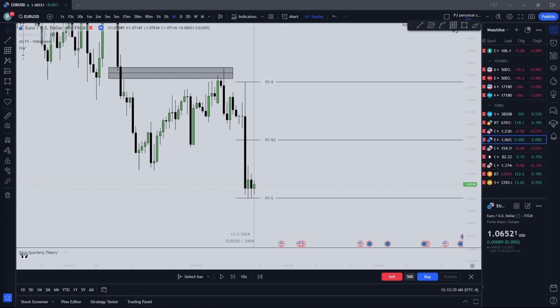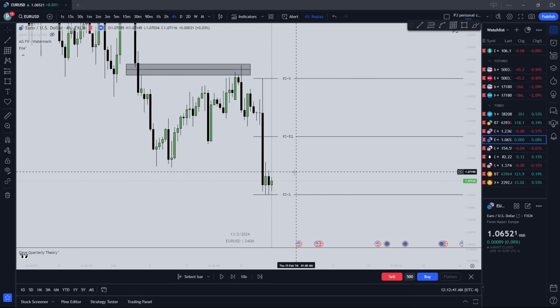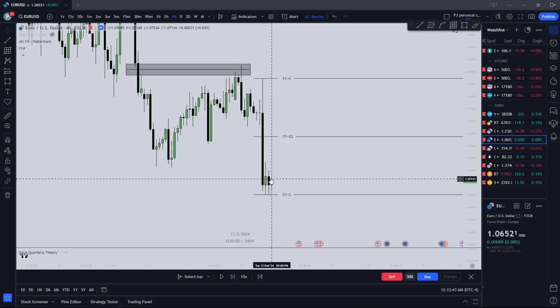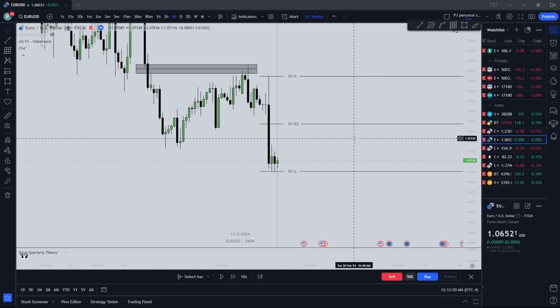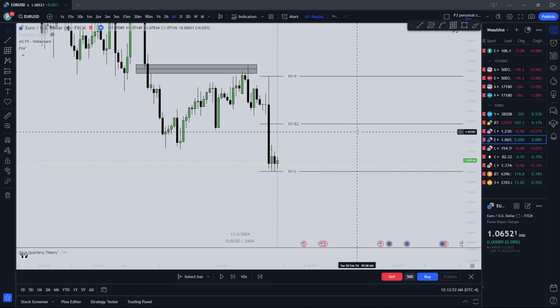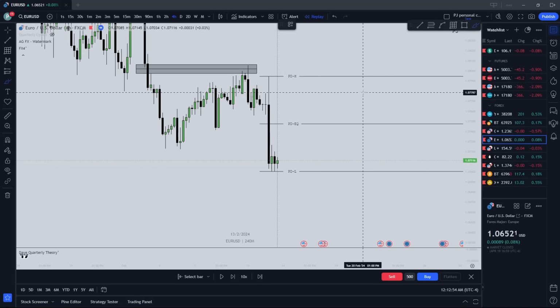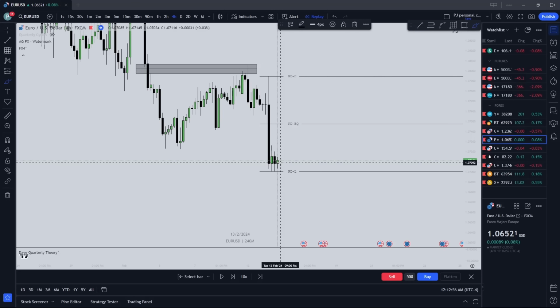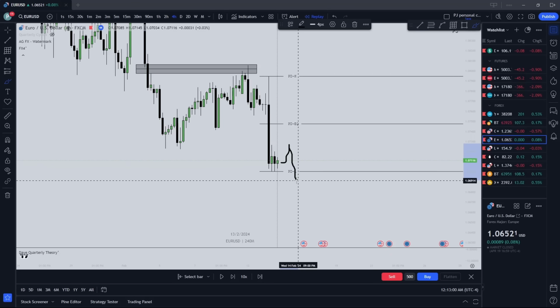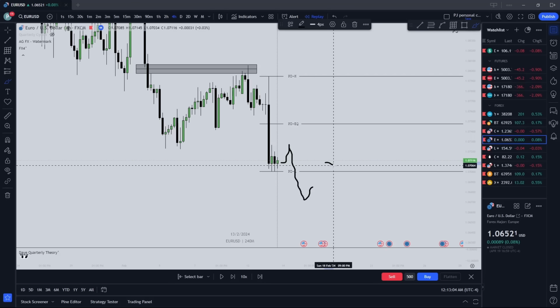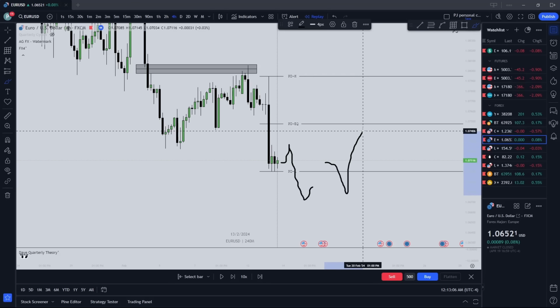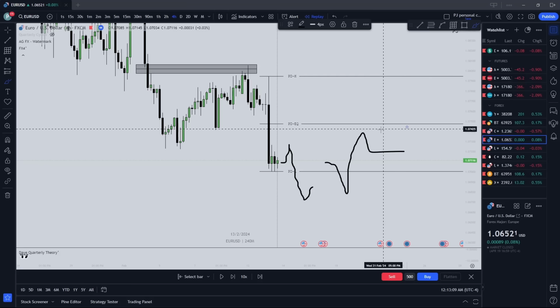Here we have right in front of us another inside bar on the 4 hour time frame with two equal lows below. So what would you want to see here? Would you want to see the next 4 hour candle open, high, low, close, or open, low, high, close?